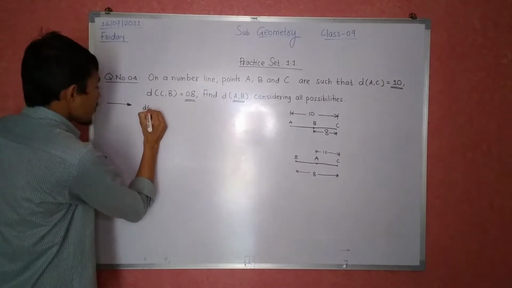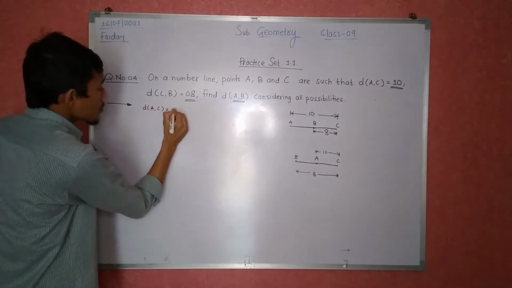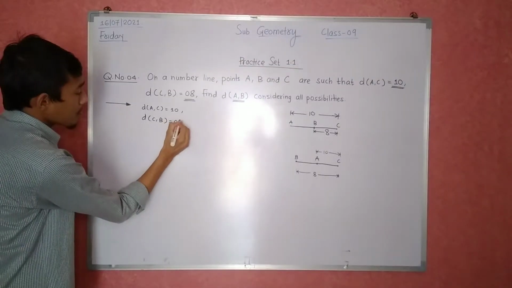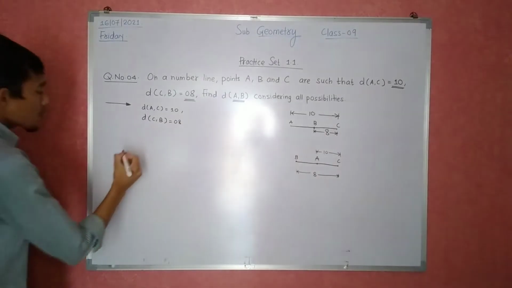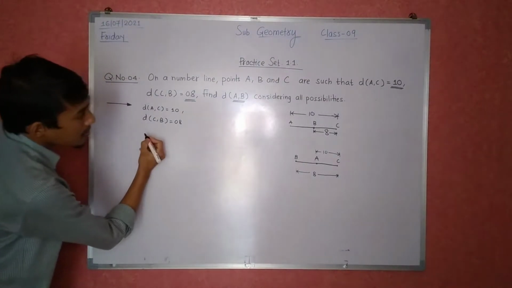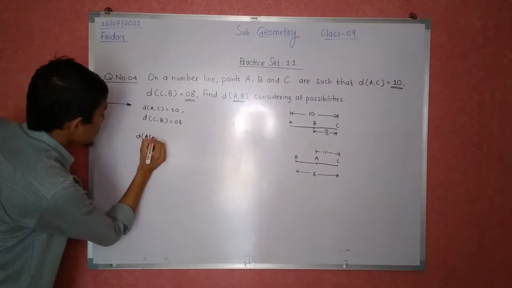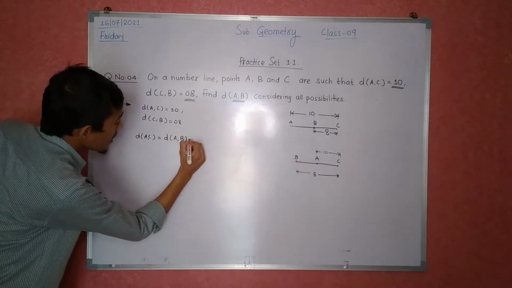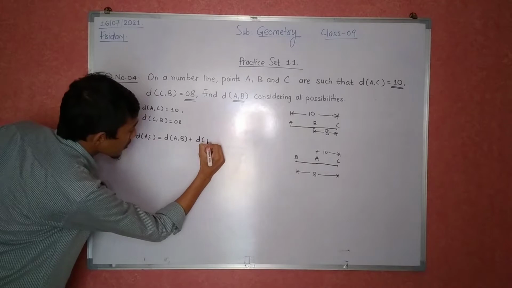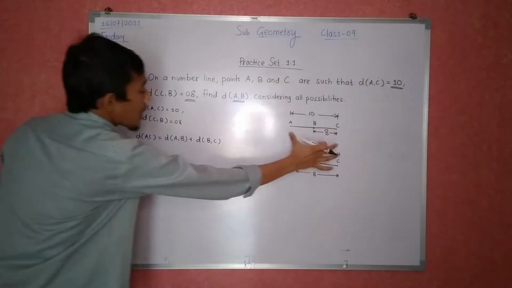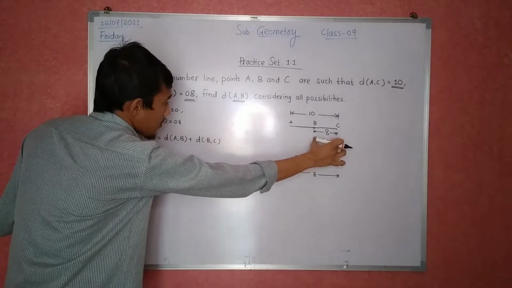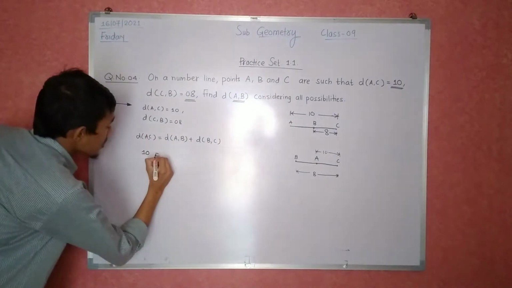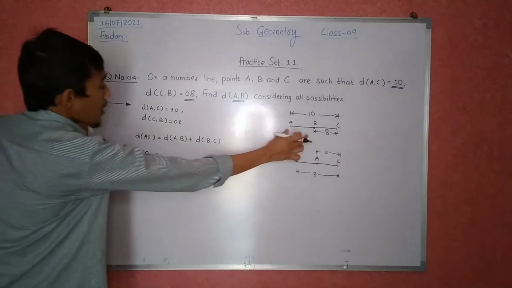So as given, D of AC is equal to 10, D of CB is equal to 8. Okay, so we know the formula that D of AC is going to be equal to D of AB plus D of BC. AC क्या होगा, AB plus BC होगा. So AC है हमारे पास 10 is equal to D of AB क्या है हमारा, हमें मालूम नहीं है.